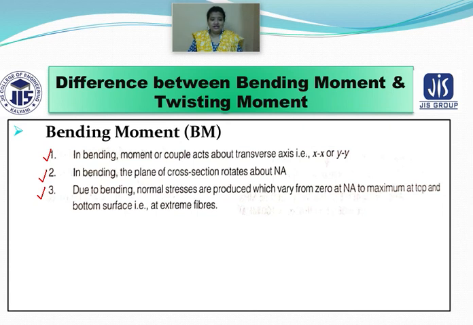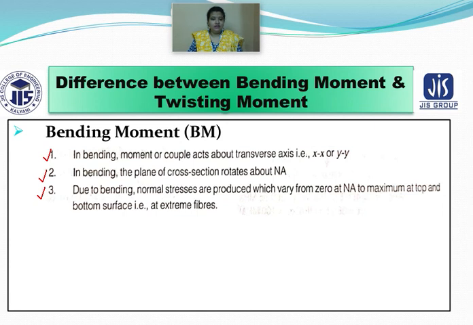That means the extreme fiber portion of that particular product or the circular shaft. There you obtain your maximum normal stresses, but you have to remember in case of bending, the value of normal stress is 0 at your neutral axis.